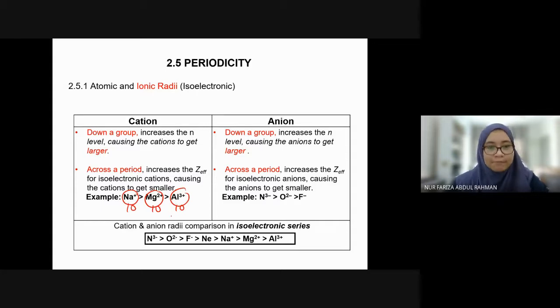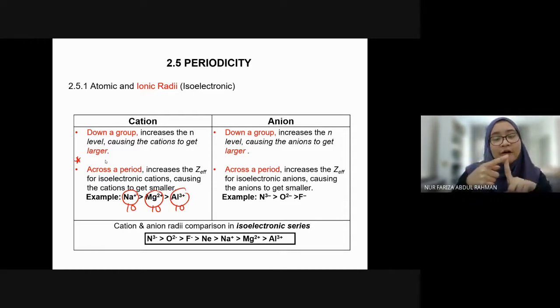Why? Based on what? One, maybe you can add there: the more electrons have been removed, the less the shielding effect, the smaller the size. That is one.